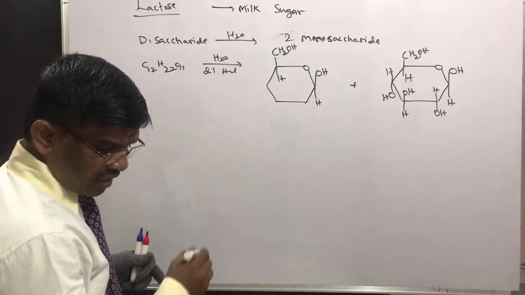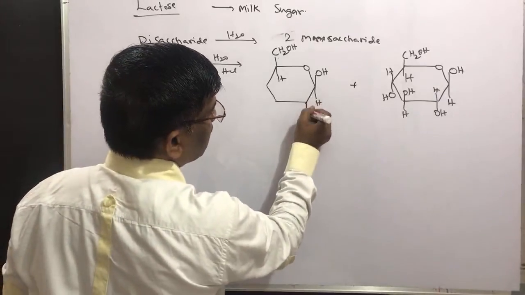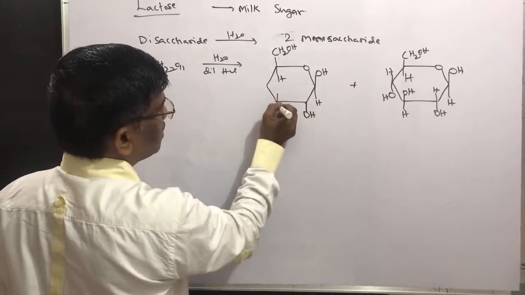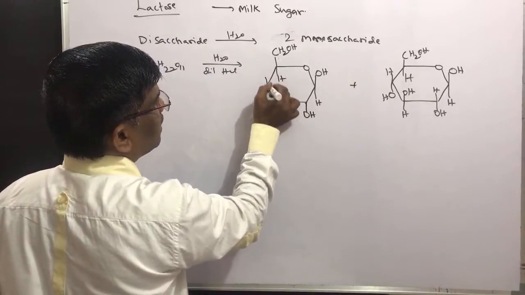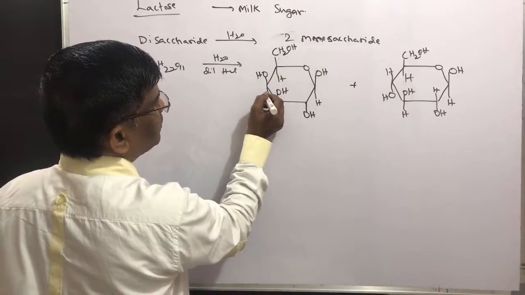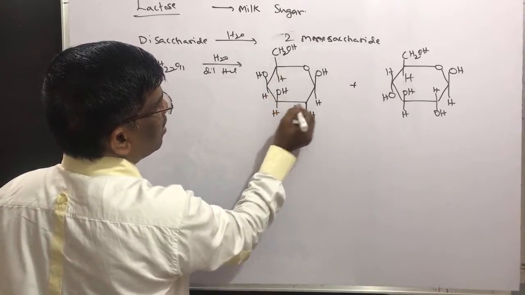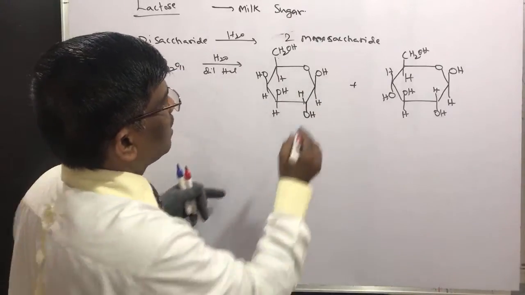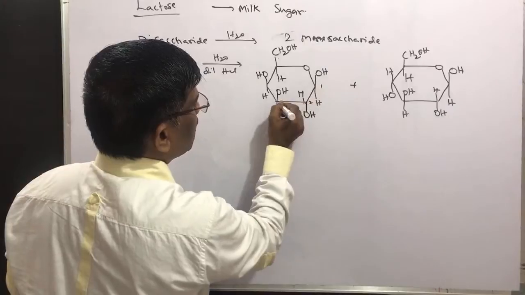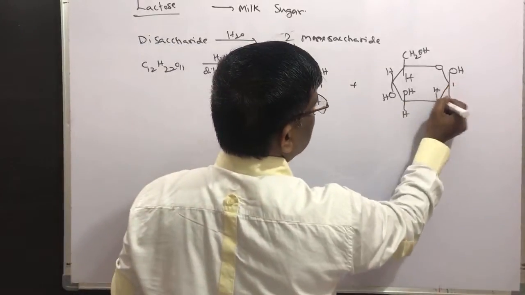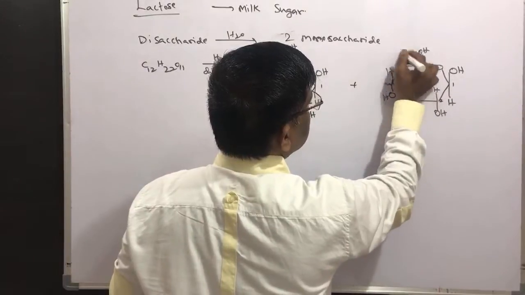Galactose is nothing but here it is OH, and this is OH, and here it is OH. Yes, downside it is OH. So this is remaining 1, 2, 3, 4, 5, 6, and 1, 2, 3, 4, 5, 6.